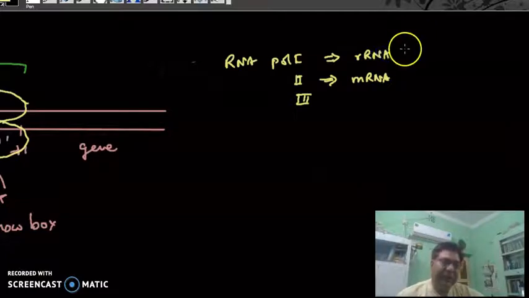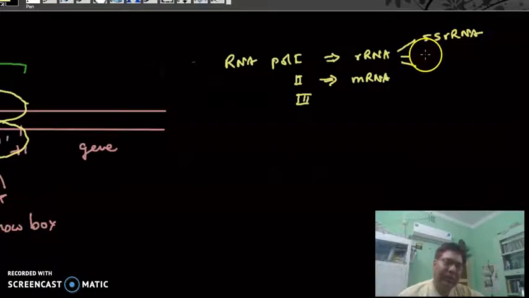It in fact does not synthesize all types of rRNA. It synthesizes 18S rRNA and also 28S rRNA. It does not synthesize the 5.8S RNA.